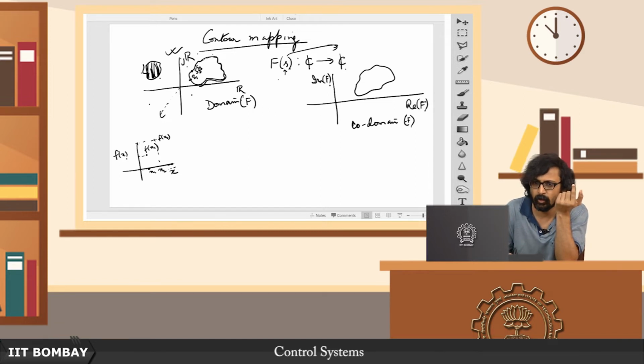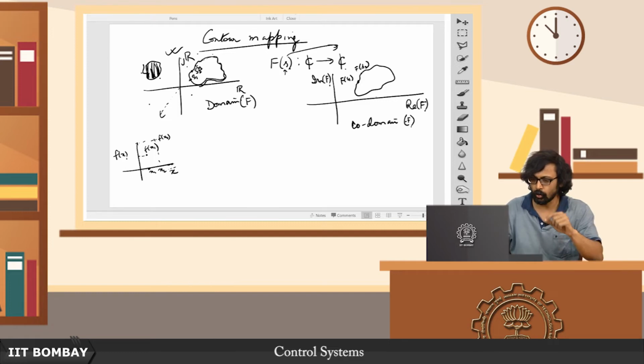So you started with S1, say this is your point f of S1, and then you go here f of S2 for example, and you go back like this and you come back to this point f of S1, so it has to close here. So a contour on this path or on this domain will also lead to a contour on the codomain.